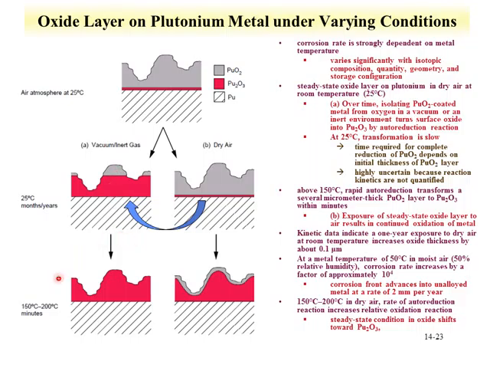If the temperature is increased, for both systems the Pu2O3 layer can be very large. In the dry air, it goes to a steady state, whereas in the vacuum and inert gas, this phase can be the dominant oxide phase.